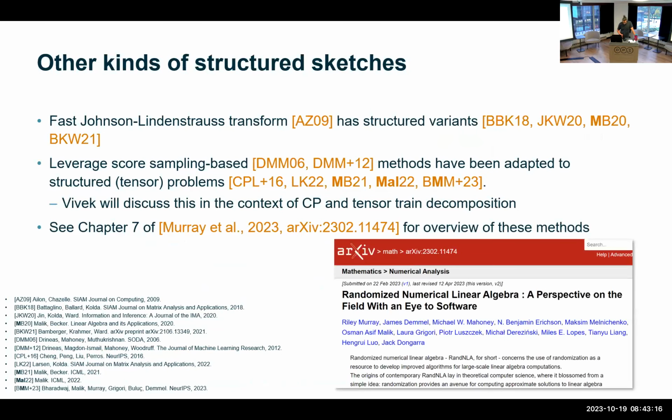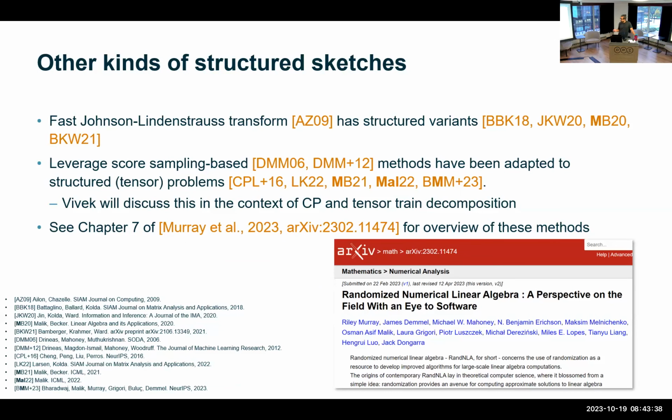And there are also these other kinds of sketches that I mentioned that have structured variants. I mentioned the fast Johnson-Lindenstrauss transform has structured variants that were developed specifically for doing tensor decomposition in the first place. So that shows this close connection between structured sketching and tensor decomposition.